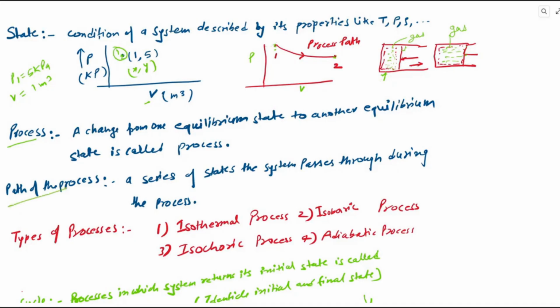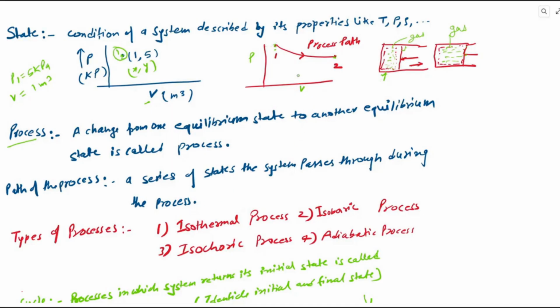The path of the process is the series of states that the system passes through during the process, right?